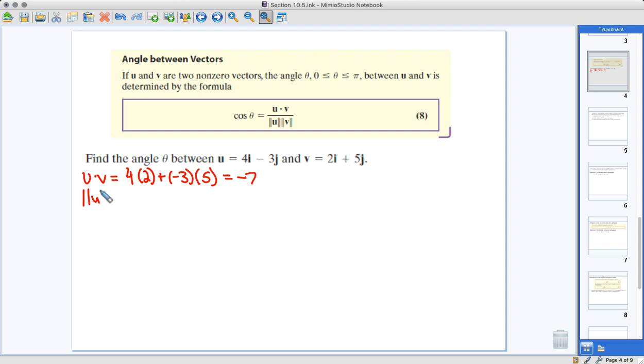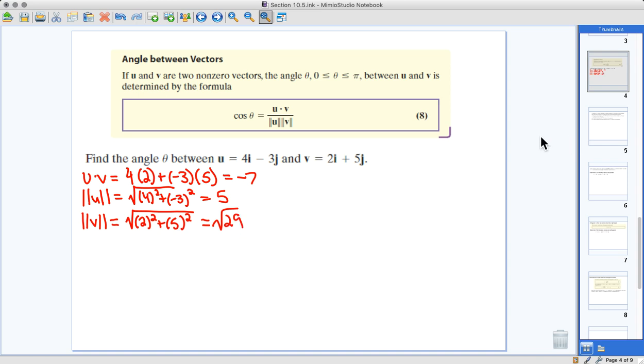And then magnitude of U is square root of 4 squared plus negative 3 squared, which is 5. And then magnitude of V is the square root of 2 squared plus 5 squared, square root of 29.